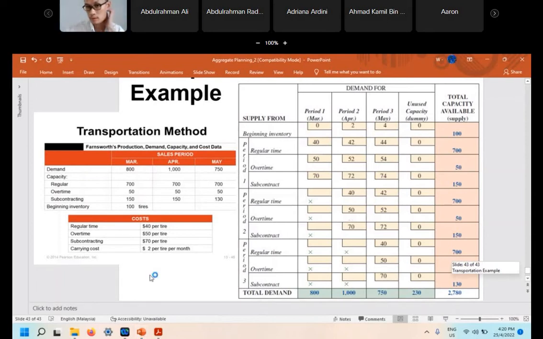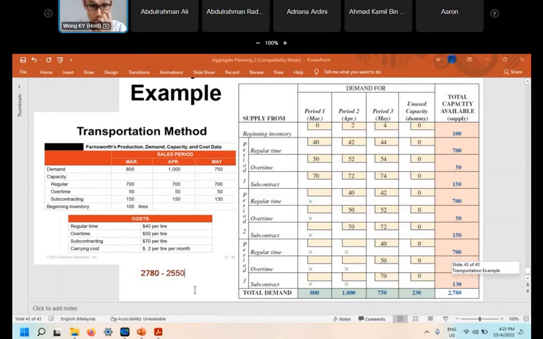So remember this: if demand is less than capacity, you need to add a dummy column. But if demand is more than capacity, then you have to add a dummy row.